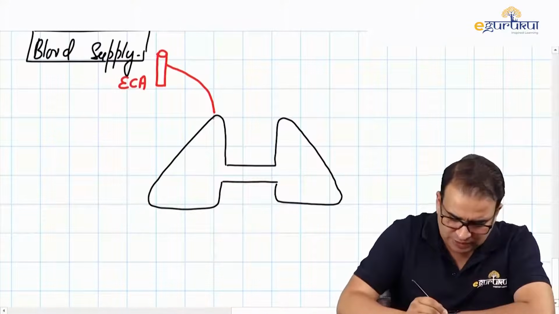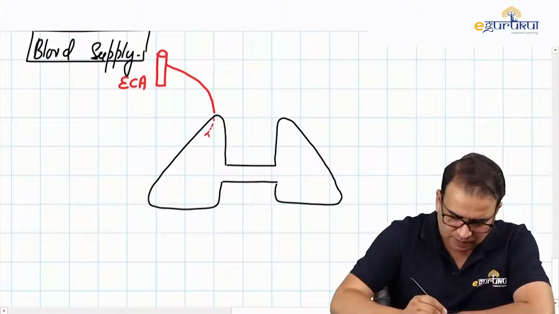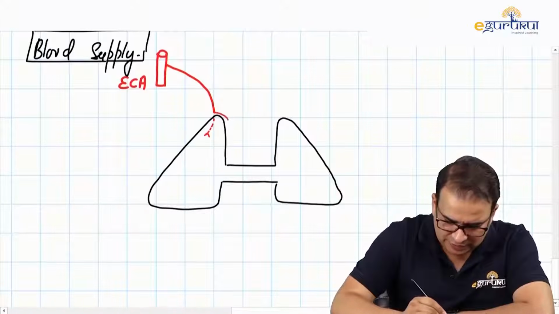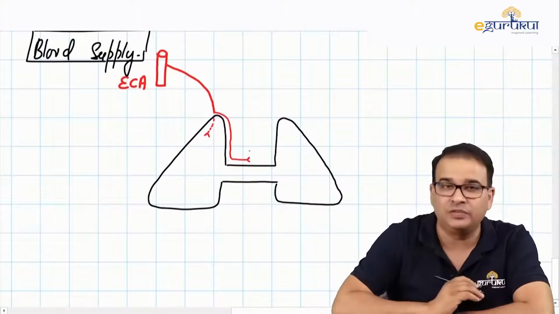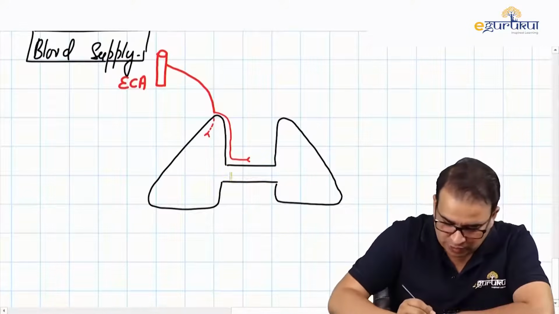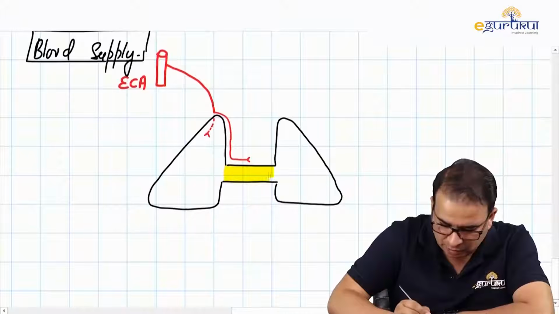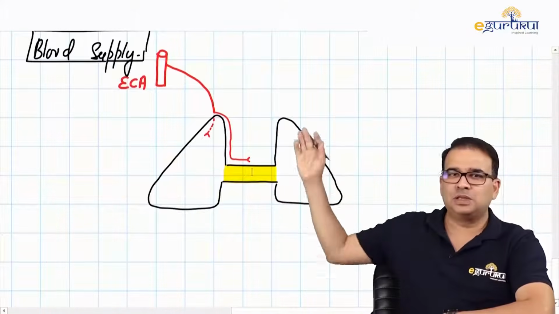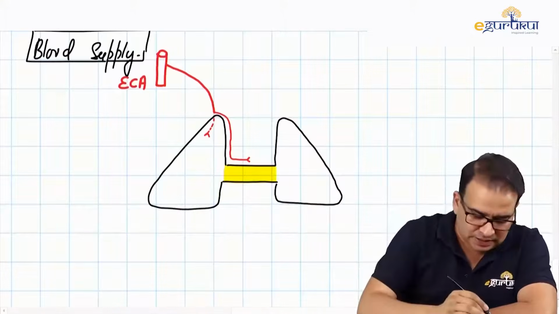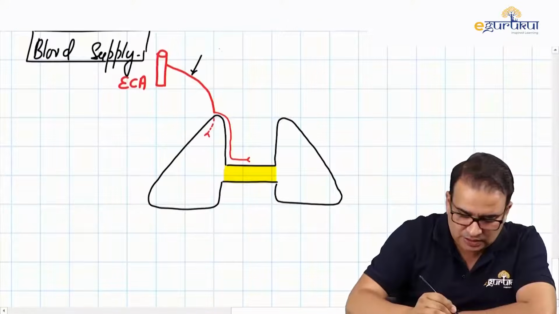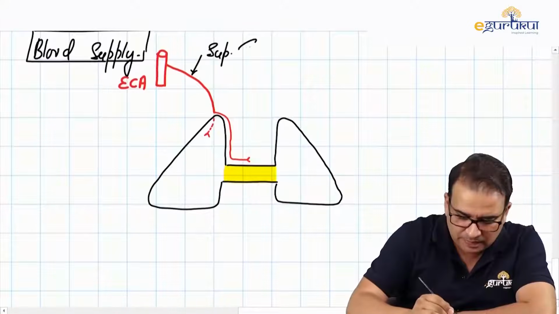It gives off a small posterior division, and it also gives off an anterior division which runs on the anterior border and then to the upper border of the isthmus. I want you to keep your eye on the isthmus here, the upper border of the isthmus, where it anastomoses with the branch coming from the other side. This artery here is the superior thyroid artery.